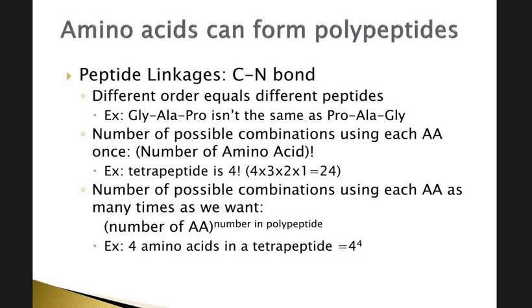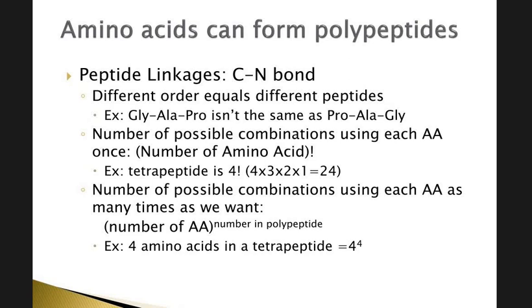Number of possible combinations using each amino acid once: the number of amino acids factorial. For example, a tetrapeptide is 4 factorial. 4 factorial means 4 multiplied by 3 multiplied by 2 multiplied by 1, which is 24.